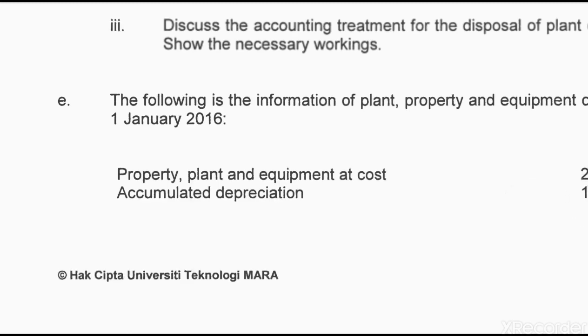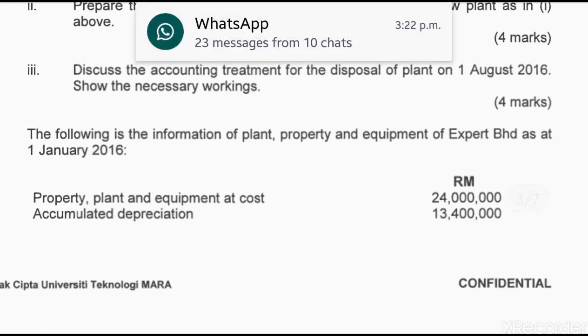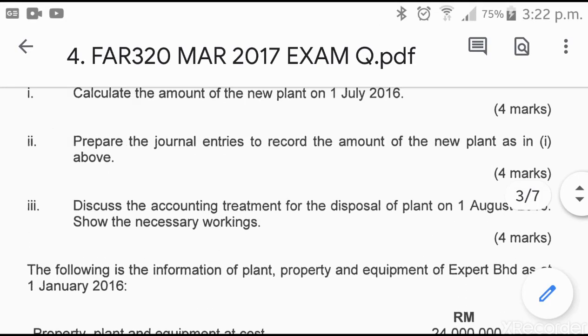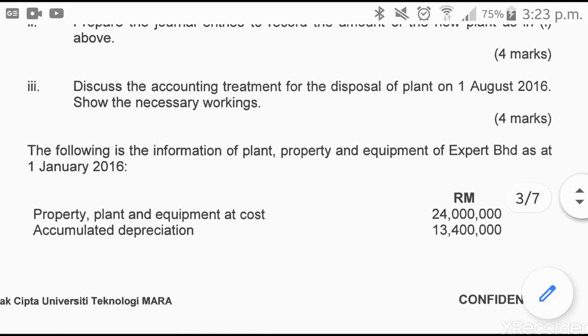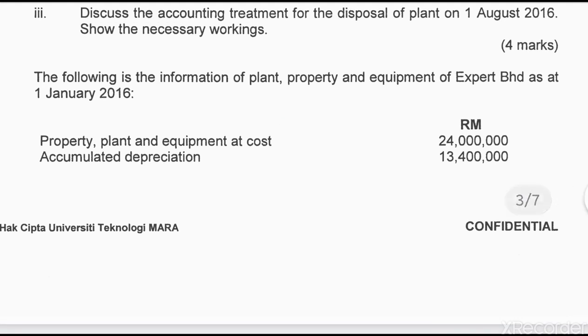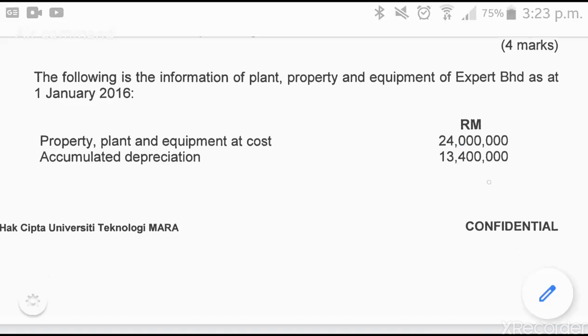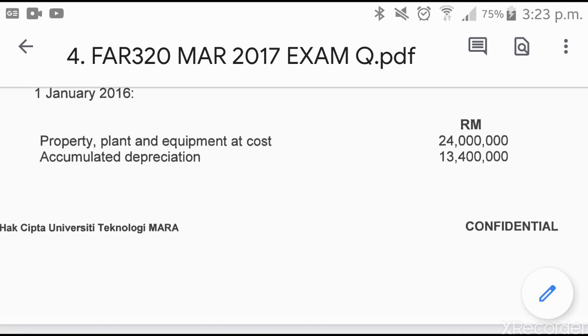So if you're asked to prepare for that, if you would see the beginning amount given here, you are given the balance of the PPE at the beginning of the year, that was actually the balance as at the date.